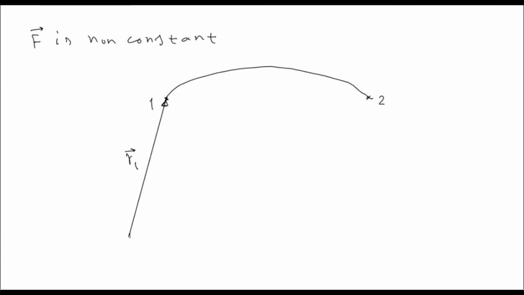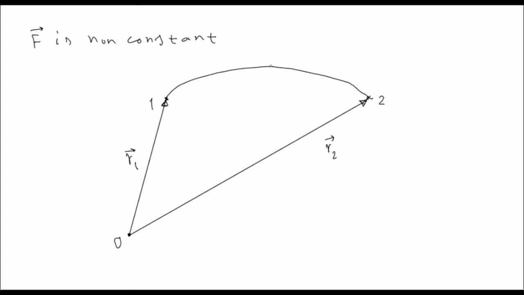If this point is the origin of the coordinate system and the position vector of the object at point 2 is this vector R index 2.